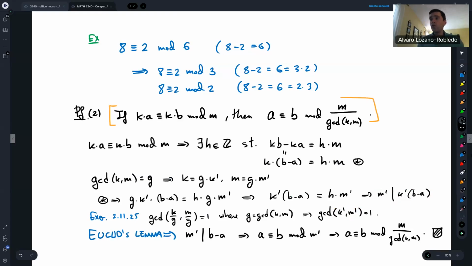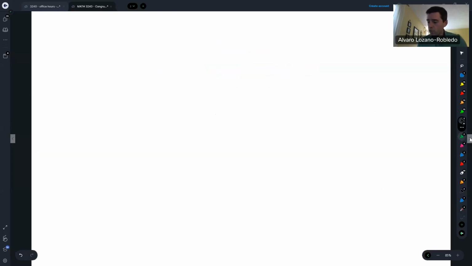Okay, and those other properties just follow directly from this formula. All right. So let me show you how to use this. So for example, I've already shown you one example of the first property. So for example, 29 is congruent to 44 modulo 15.